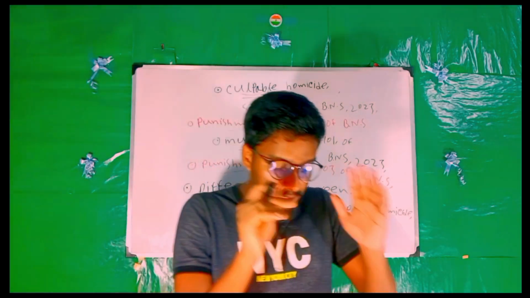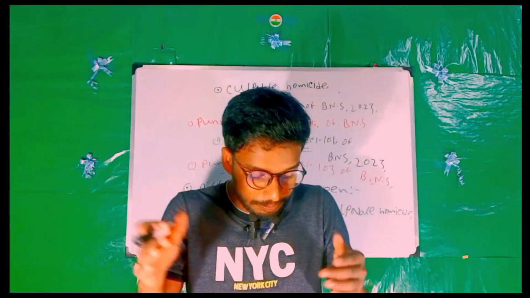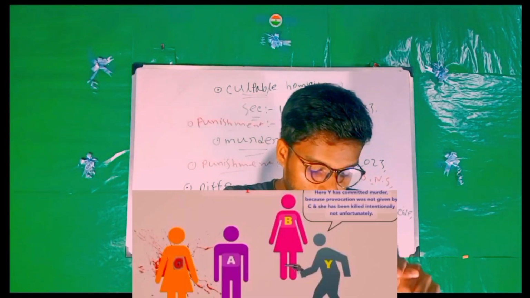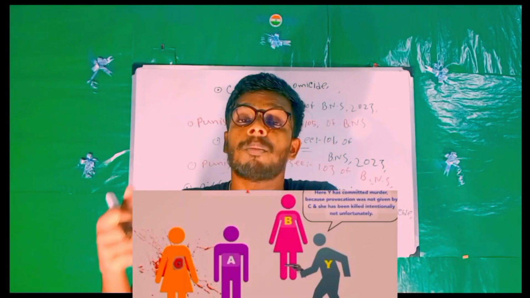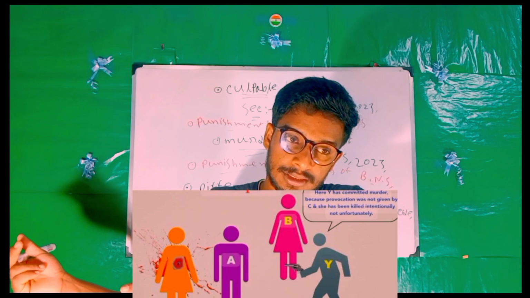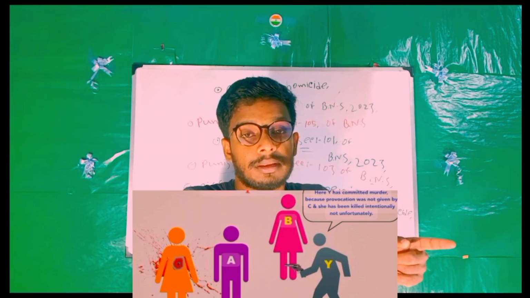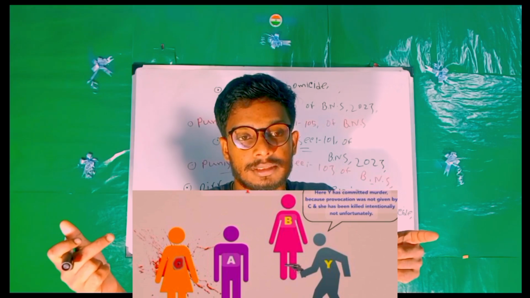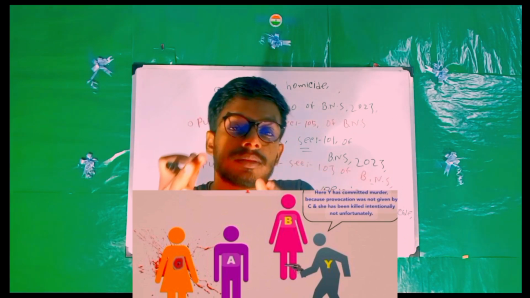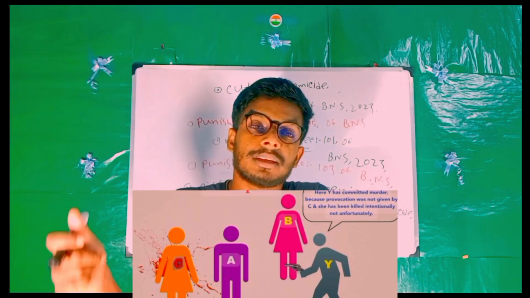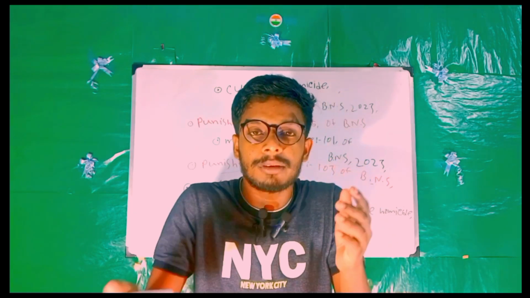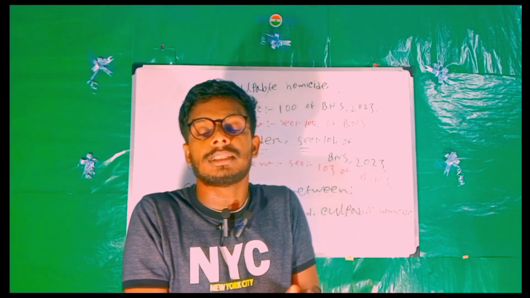And if A knows Jet is behind a bush, and has no intention to kill but intends to cause a bodily injury likely to hurt Jet, and after that Jet dies, that is an offence committed by A. That is culpable homicide.